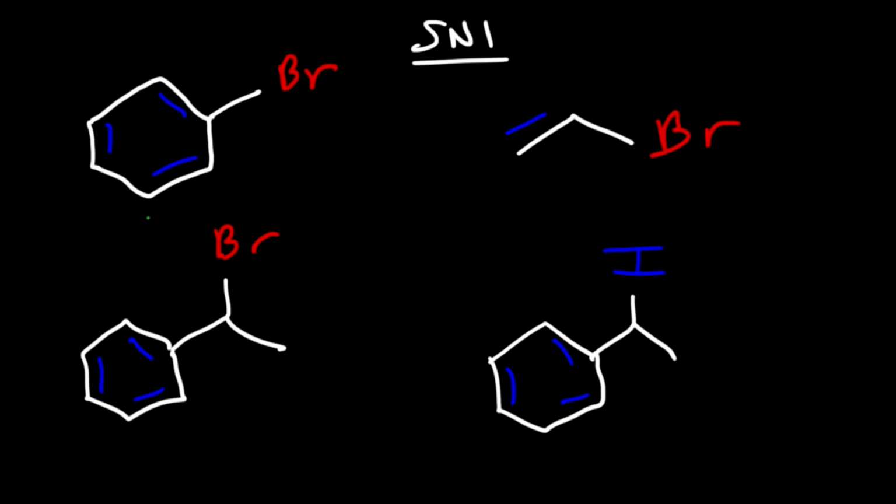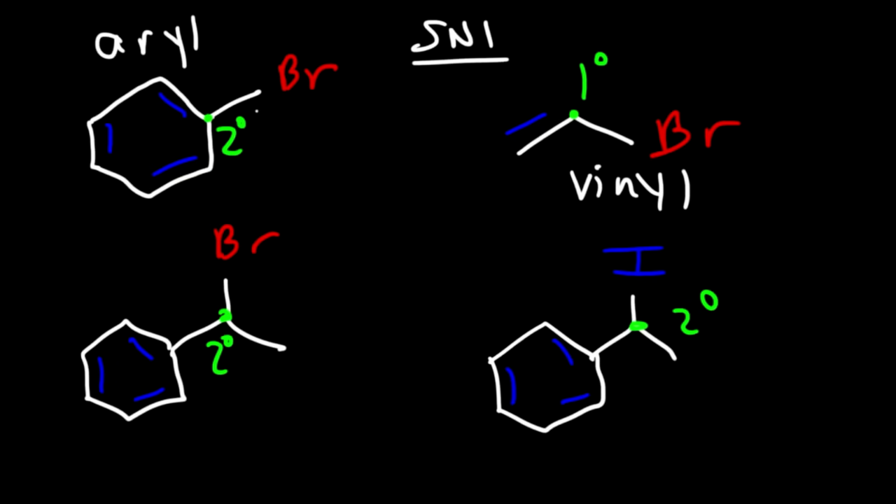So this carbon is secondary, this carbon is primary, this one is secondary, and this is secondary. So you might be thinking we could eliminate the primary carbon, and you won't be wrong for doing that. Now, you need to know that aryl halides and vinyl halides do not work for SN1 reactions or SN2 reactions. So we can eliminate those options.